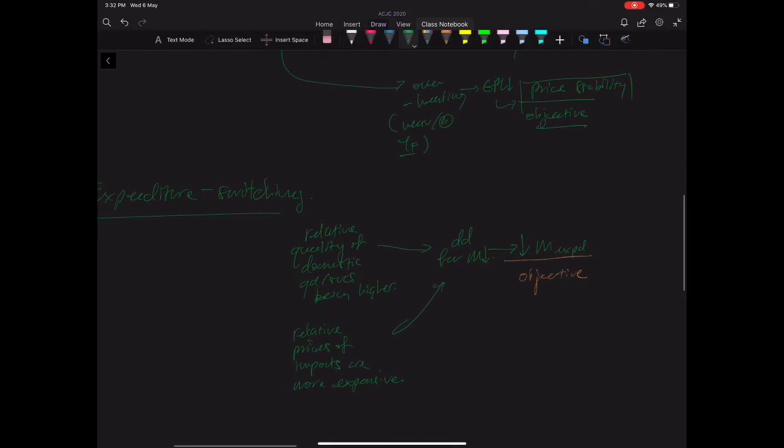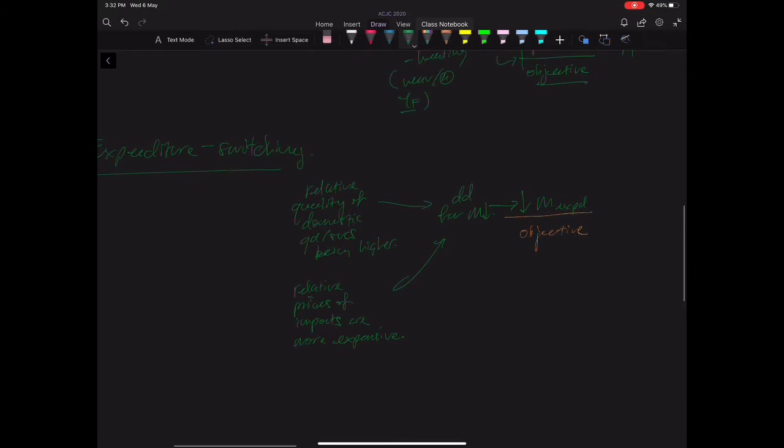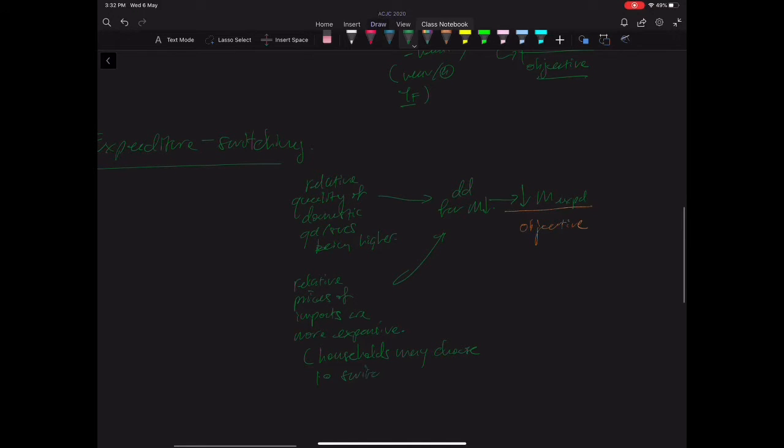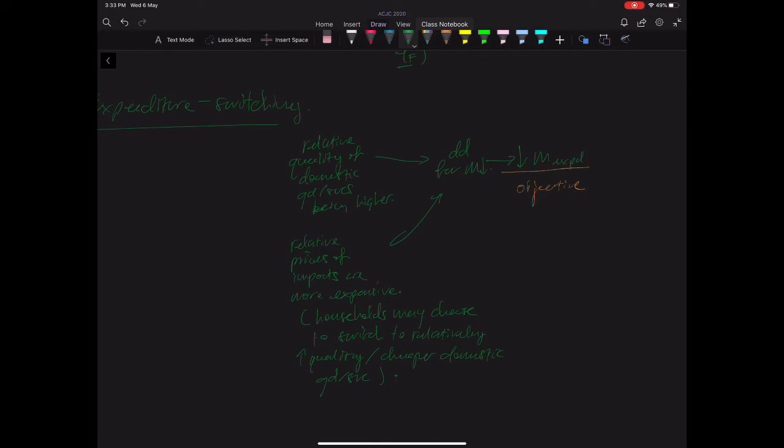Okay, so if there are imports that are going to be more expensive than the domestic alternatives, then this is where households may choose to switch to relatively either higher quality or cheaper domestic goods and services. And that is the point of expenditure switching.